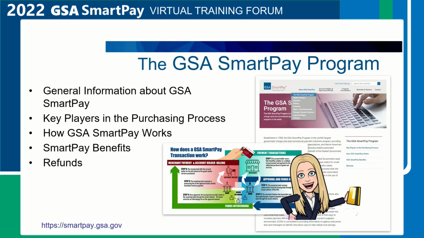Key players within the program include Agency Organization Program Coordinators, or AOPCs, approving officials, or AOs, account holders, also called card holders, the Designated Billing Office, the Transaction Dispute Officer, the Electronic Commerce Office, the contractor banks, and the merchants. There is a colorful graph on the website under How GSA SmartPay Works that I would recommend checking out to find more details about what happens during a transaction.